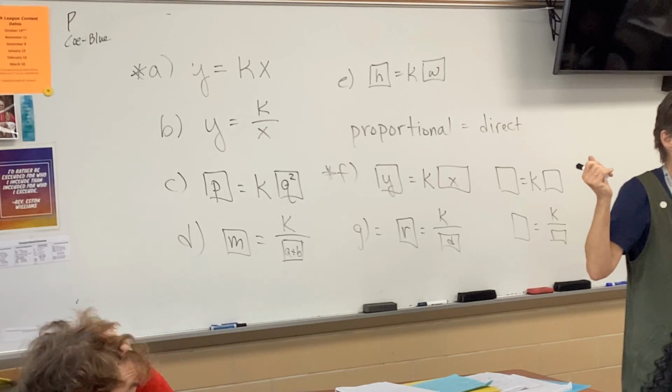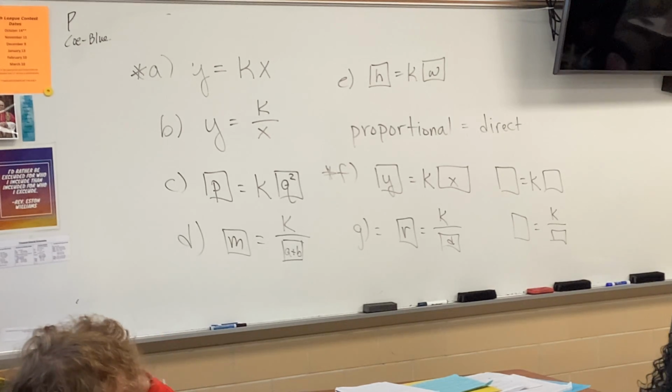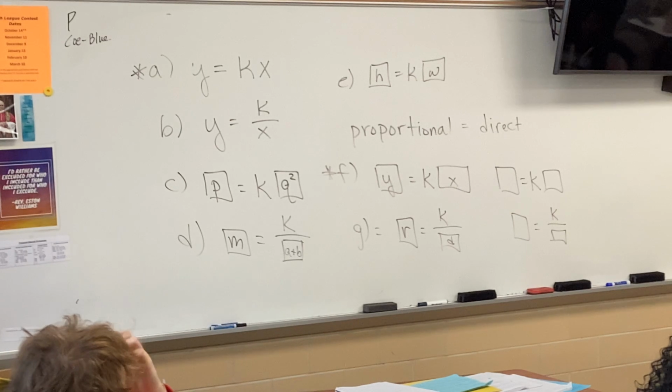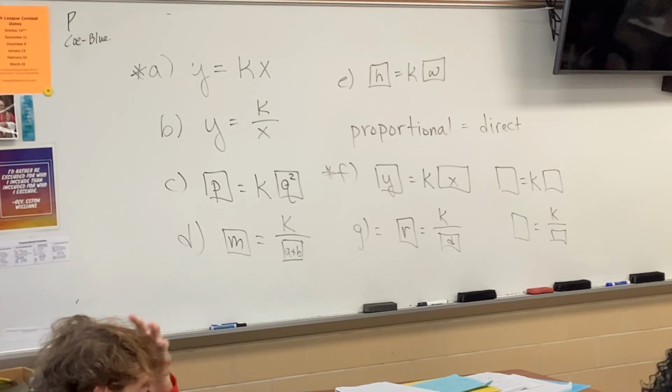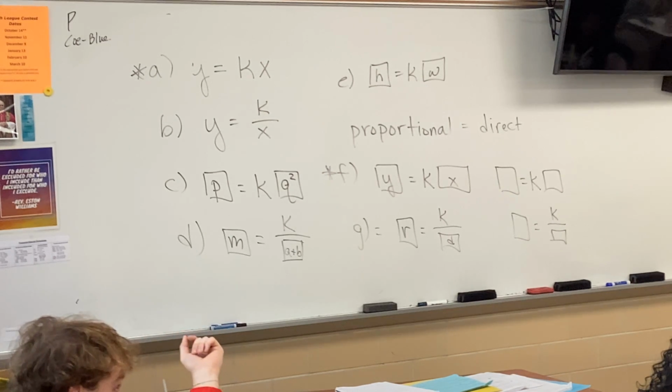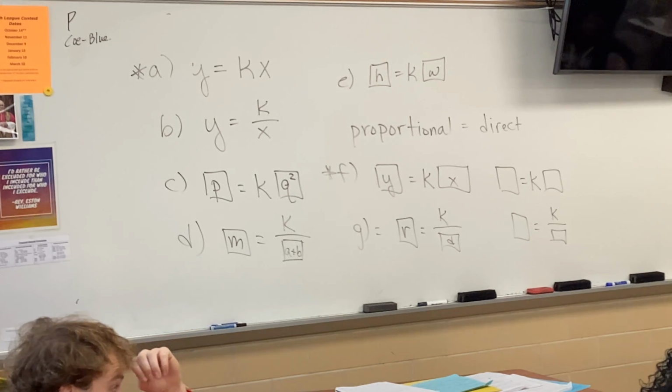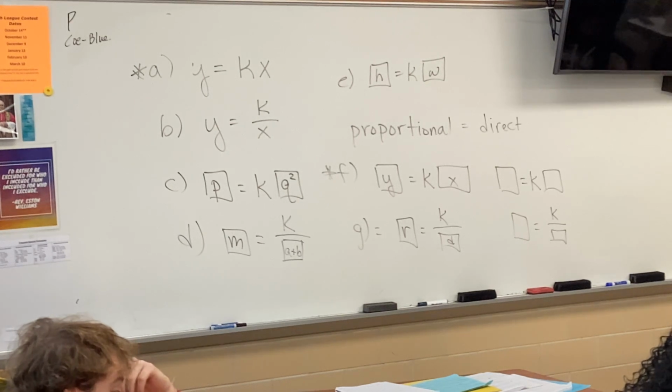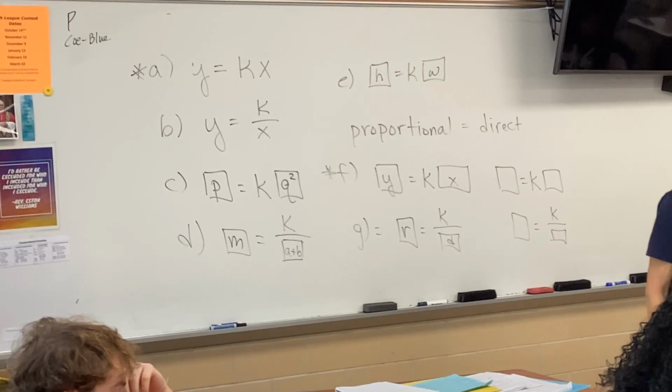So we had a height and weight example up here. Normally, I mean, there are, of course, exceptions, but normally, the taller you are, the more you weigh. That's direct variation. Does that make sense to you? So if things are both getting bigger or smaller, that's direct. If one's going up, like more speed, less time, that's inverse variation.